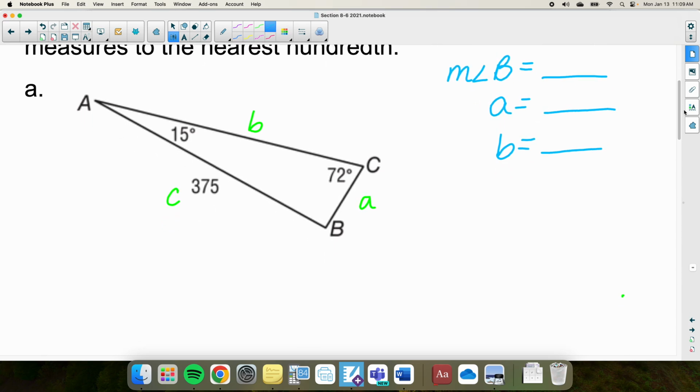Now, how do we know what angles we're going to use to solve? First thing is, to do law of sines, you have to know a side and its opposite angle.